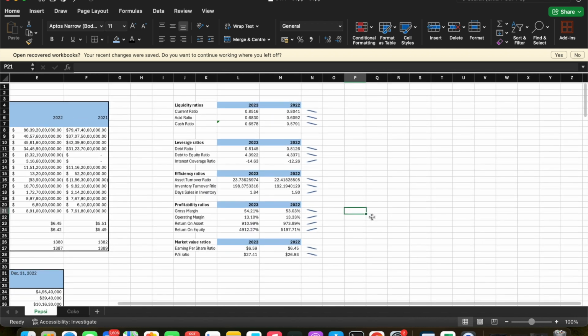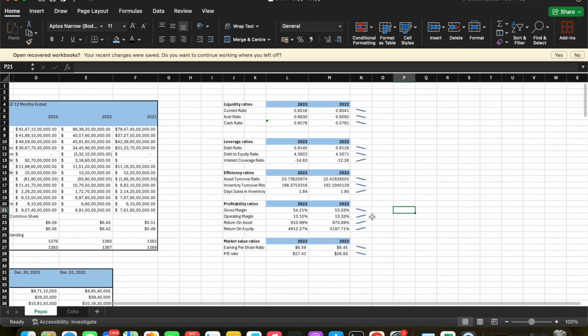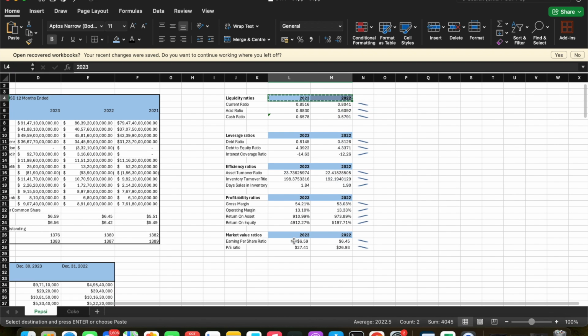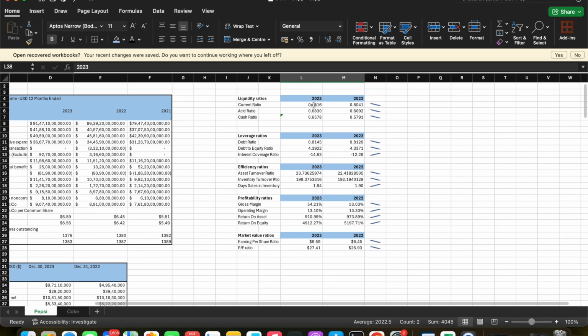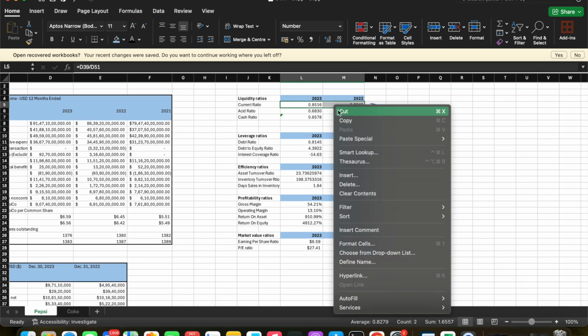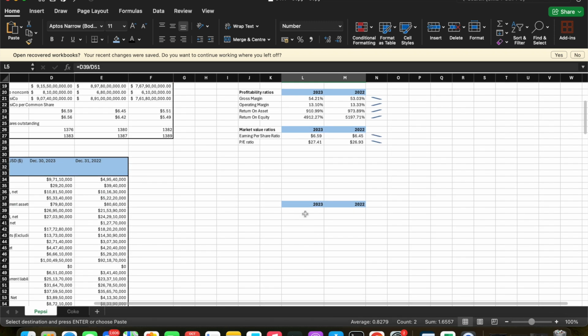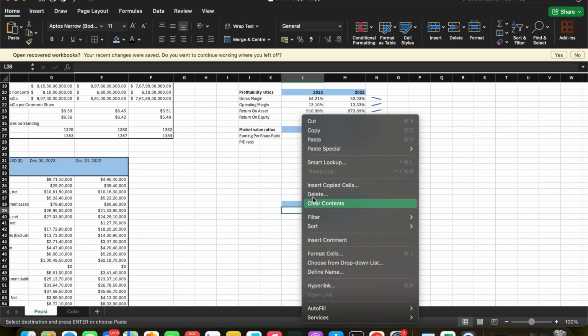So now I'm going to show you how you can input the data of PepsiCo and Coca-Cola on a single graph. To do that, let me first copy the year. Now I'm going to copy the data of these two company and make the graph.